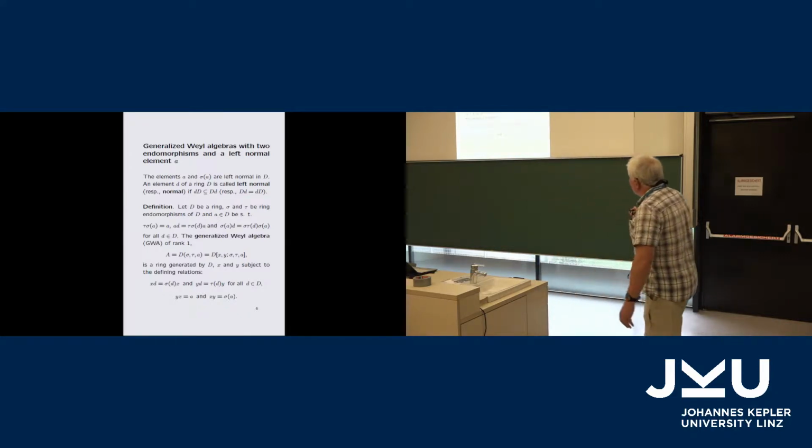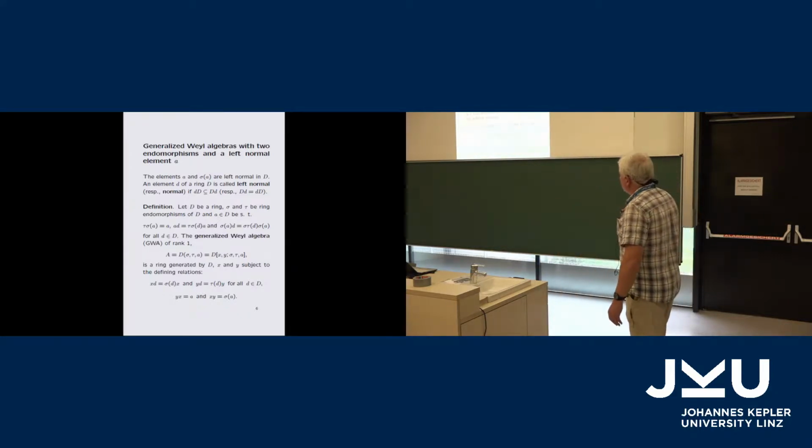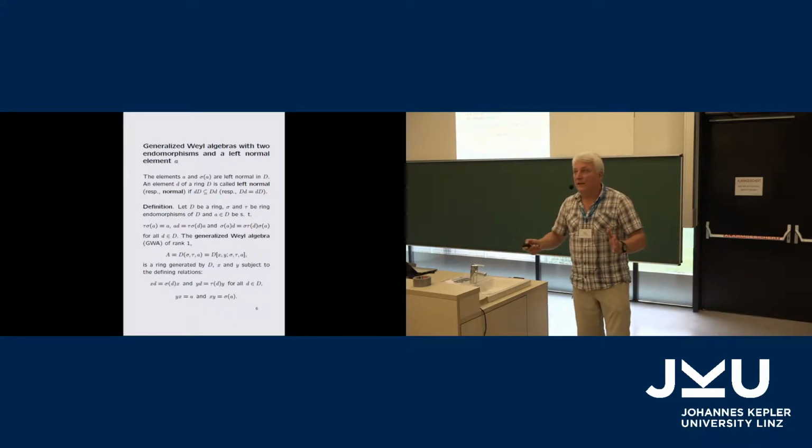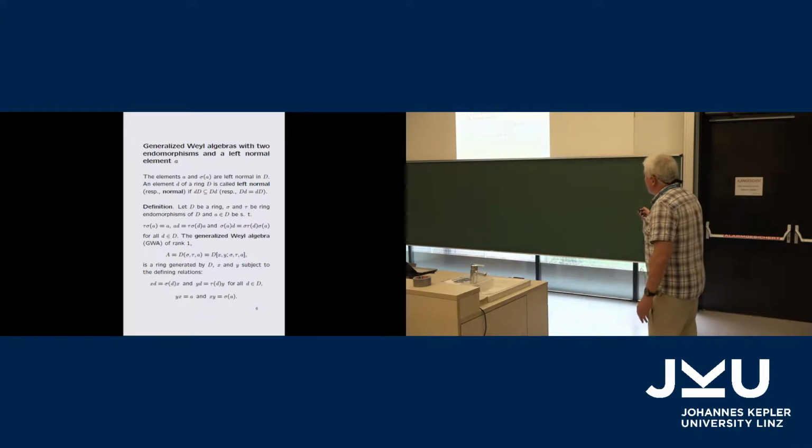Okay, so what is a generalized Weyl algebra of rank 1? We start with a ring. We start with any ring endomorphism, not necessarily an automorphism. And we start with an element of D. Suppose D is a free algebra, you start with an element of the free algebra. In the previous definition, it was a central element. Here it is just an arbitrary element such that this condition holds. And this condition is not that easy to satisfy.